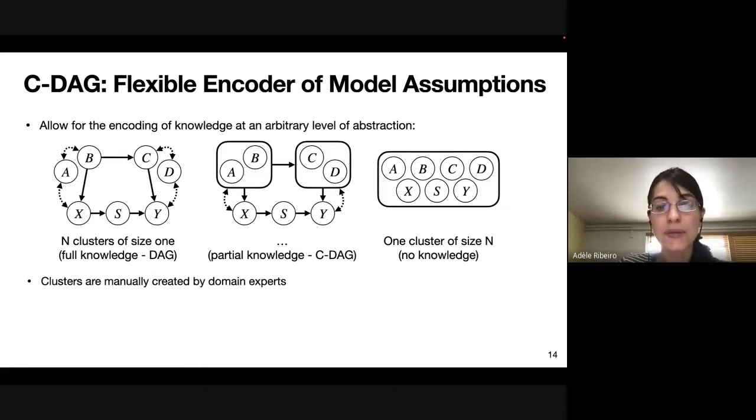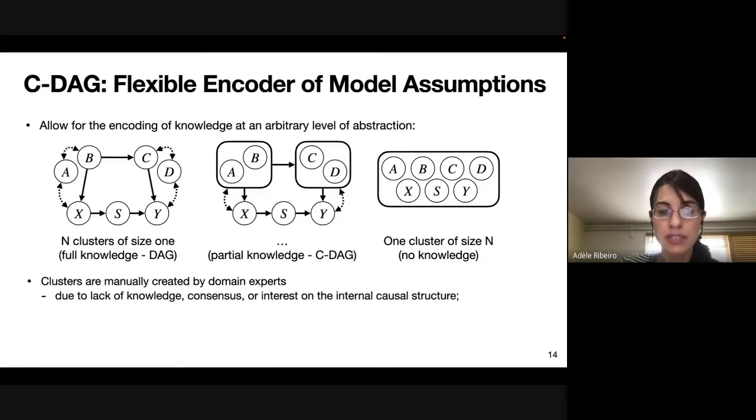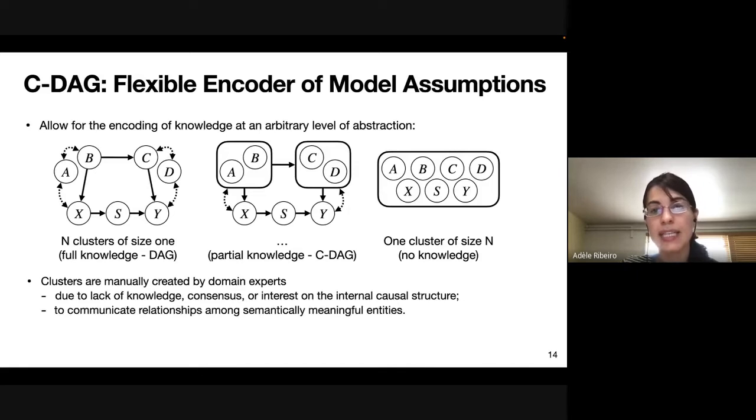Again, the clusters are created by domain experts using prior knowledge. So usually we use clusters because of the lack of knowledge or even some consensus. Sometimes we have different theories for some specific relationships, or sometimes we have many variables, and then we don't want to waste our time defining the relationships among all these variables.